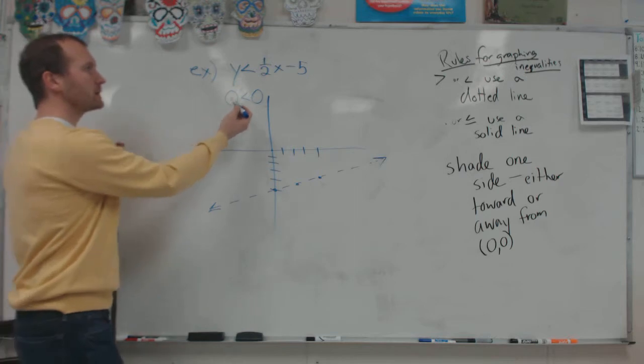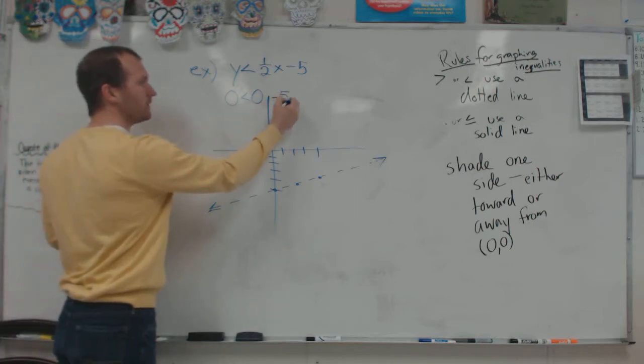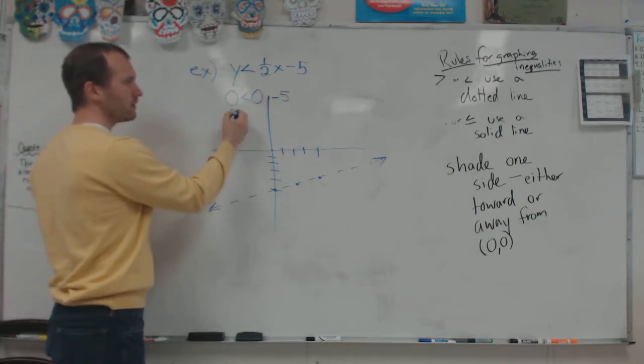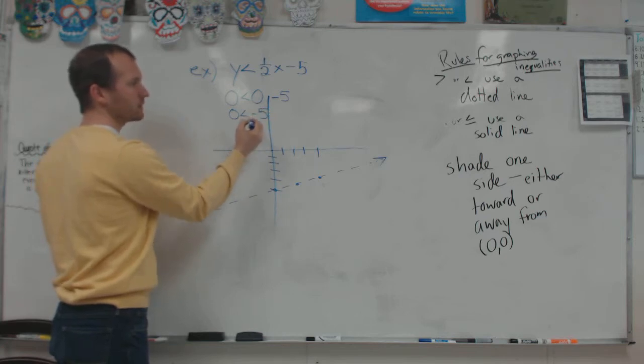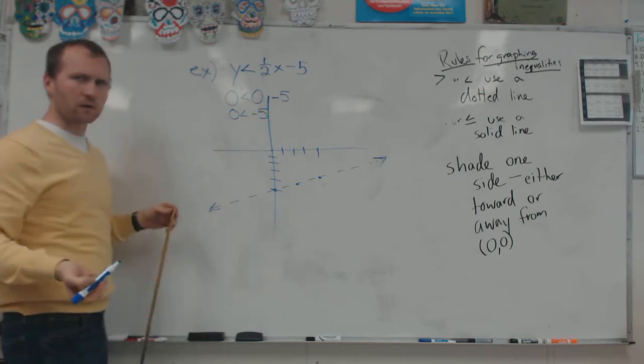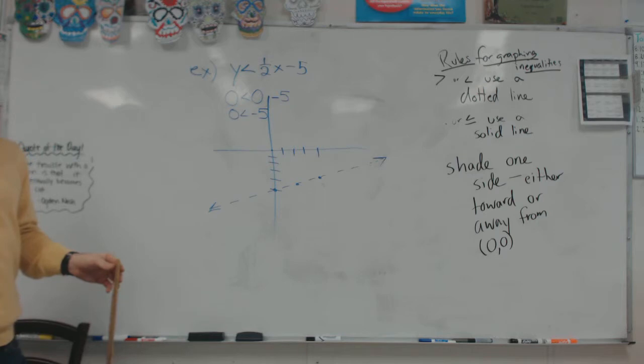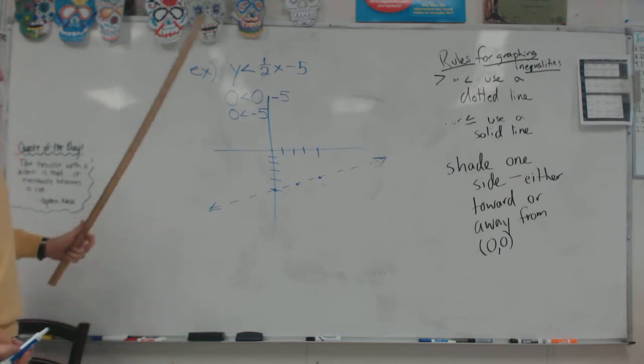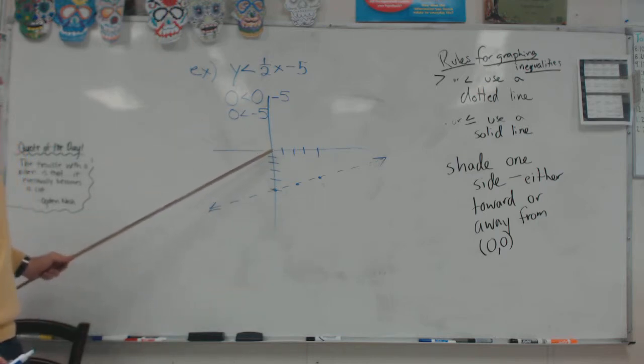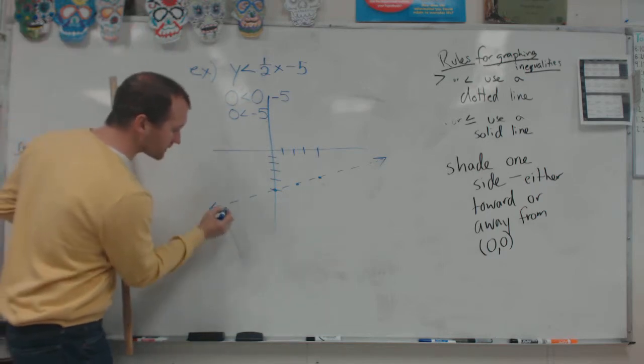So 0 is less than 0 minus 5. Is 0 less than -5? No. So that's not true. Which means we want to shade away from this point. This point is not true. So we're going to shade on the other side.